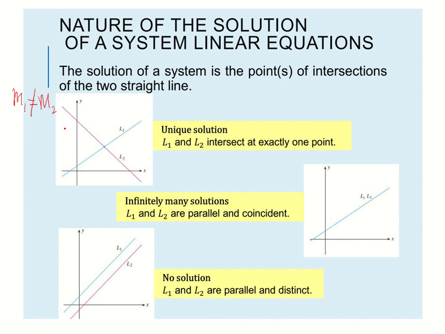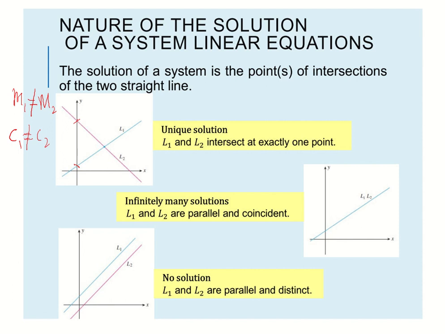Now how about the y-intercept? Is the y-intercept for line 1 and the y-intercept for line 2 equal? No. So we say c1 and c2 are not equal as well. So when we see this situation, different slope, different y-intercept, then we know the system has one unique solution.